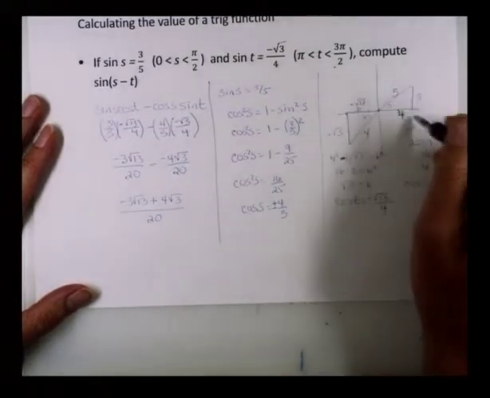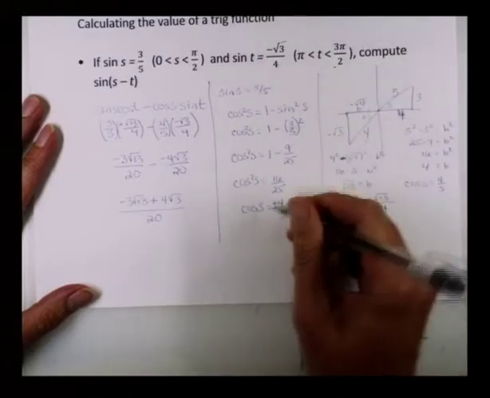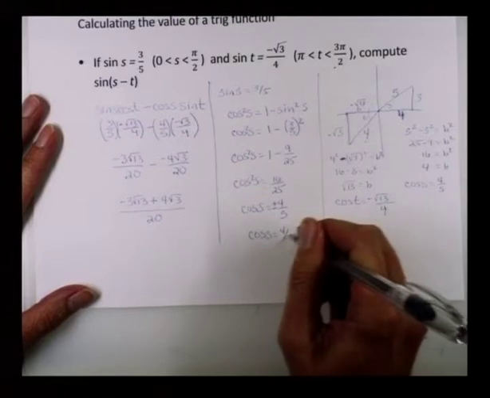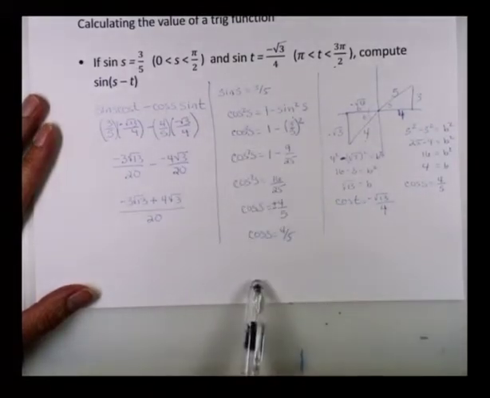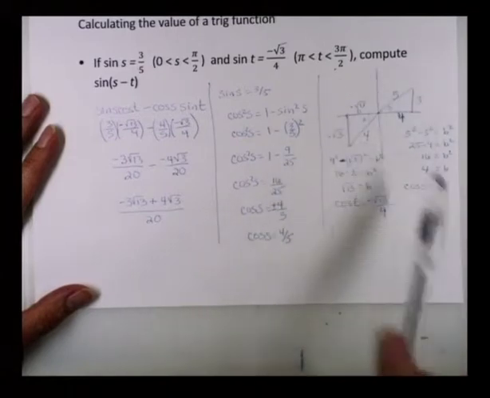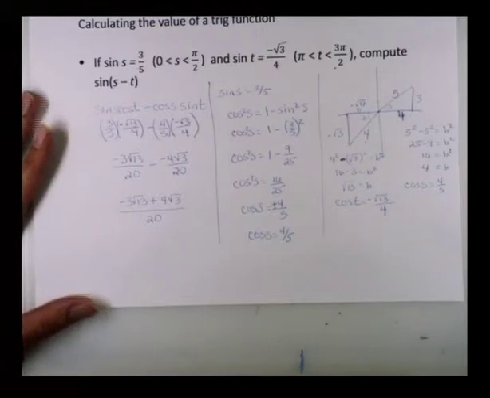And since I'm working in quadrant 1, and I know that cosine is positive in quadrant 1, I know I want the positive value. So the cosine of s would equal 4/5. If you prefer to do it algebraically, you can get the cosine value that way. If you prefer to draw reference triangles, you can get the cosine value that way. And they're both correct, so whichever way you prefer is fine.